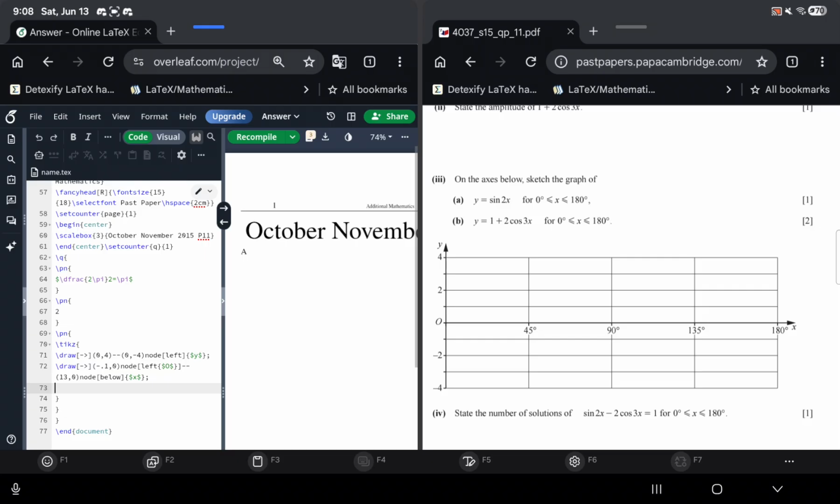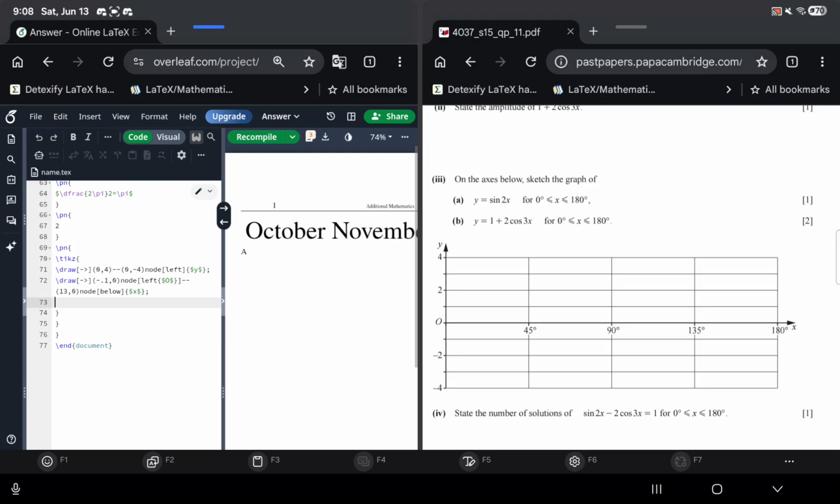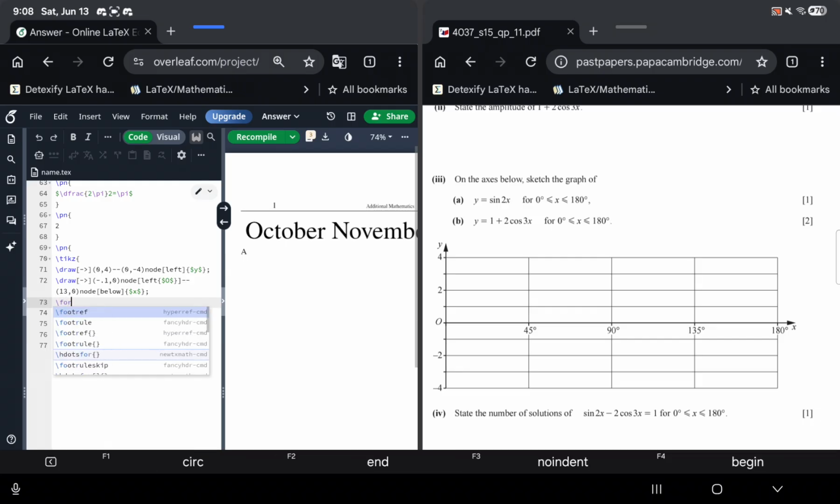Now for the grid, I do not really know the command very much, so forgive me for this, because I will be doing foreach instead.